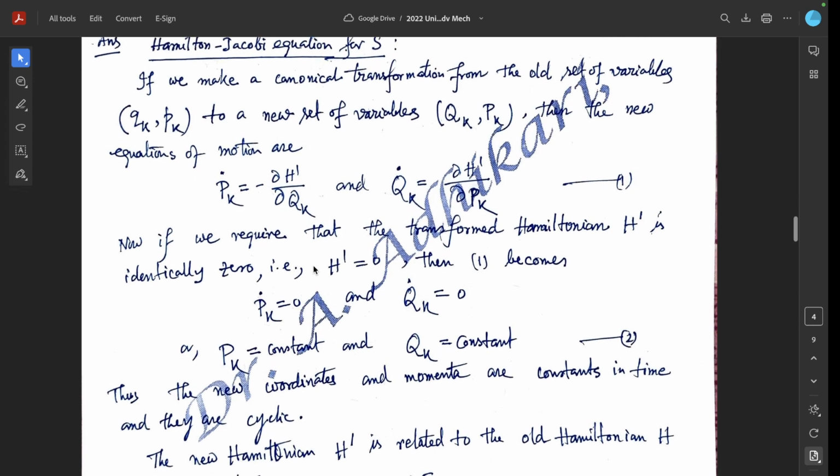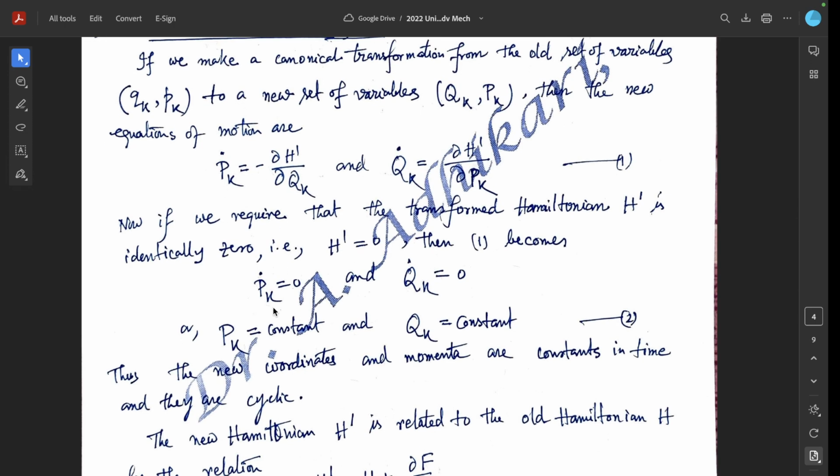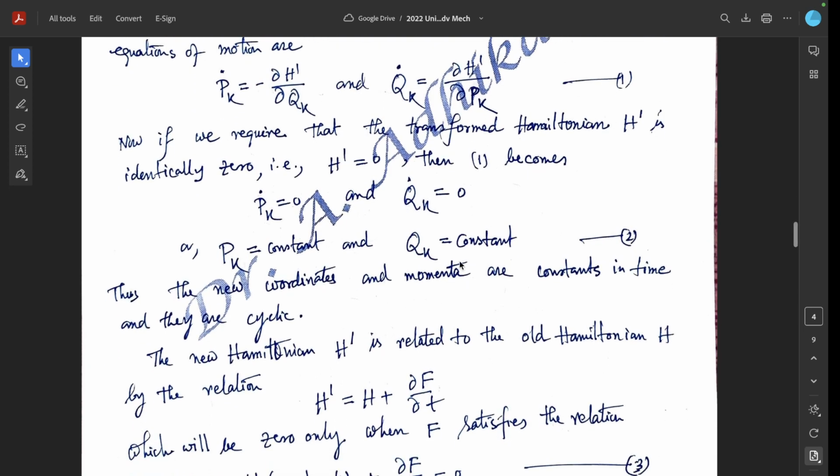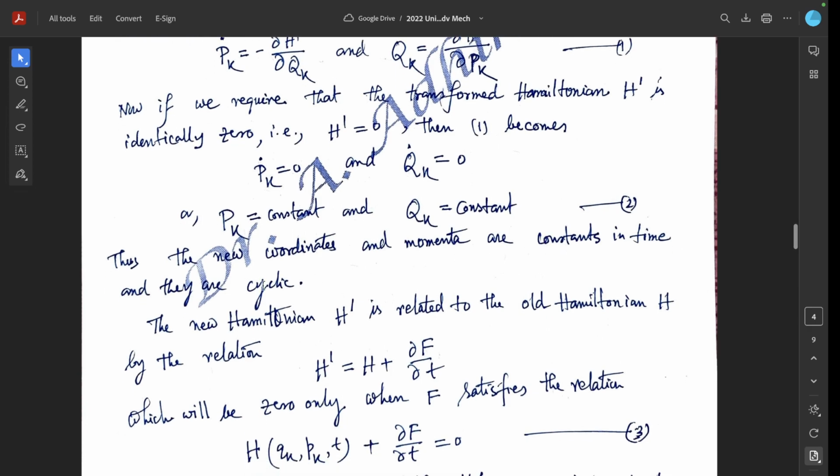Now, if we require that the transformed Hamiltonian H dash is identically 0, then from 1 we get Pk dot equal to 0 and Qk dot equal to 0. Hence Pk equal to constant and Qk equal to constant. Thus, the new coordinates and momenta are constant in time and they are cyclic.